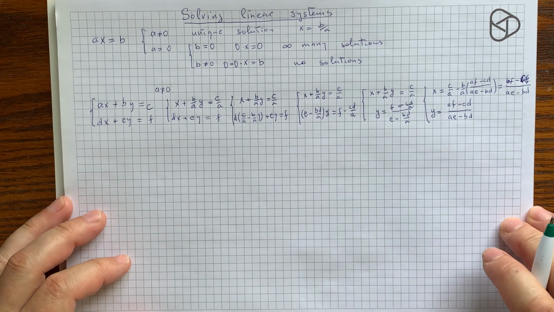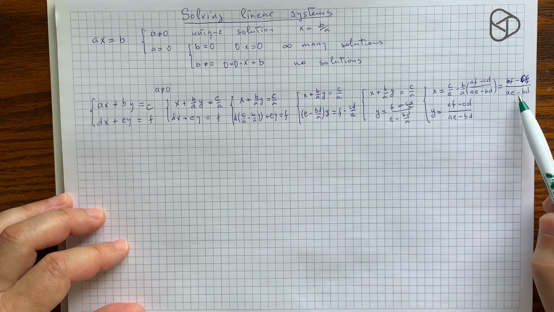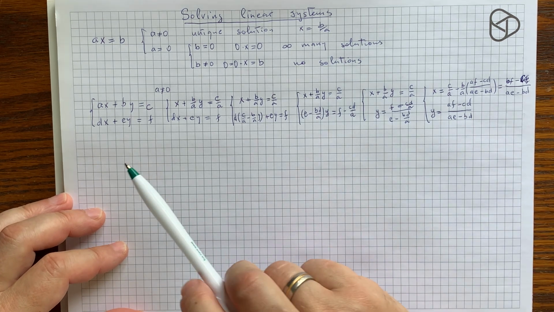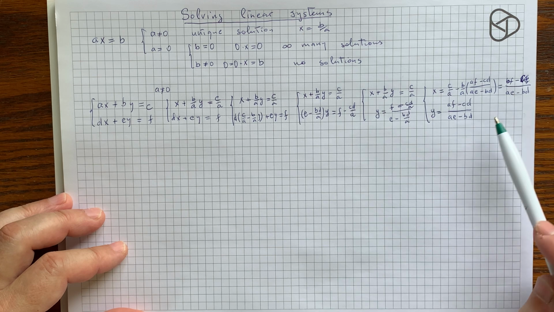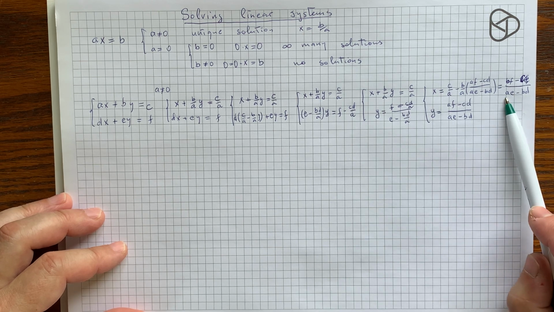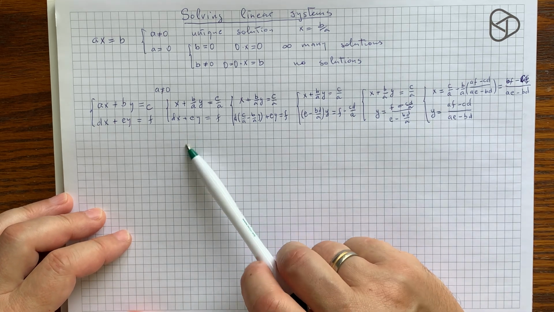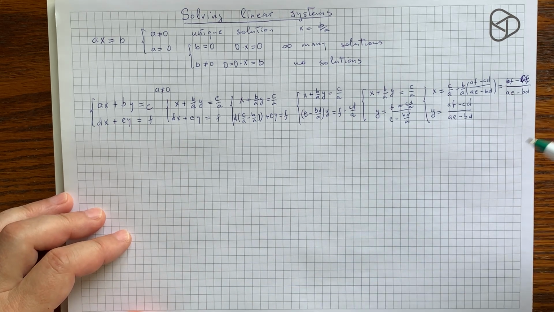So that's it. That answer, which is a generic case, which is when the denominator is non-zero, which is AE not equal to BD, is called Cramer's rule.